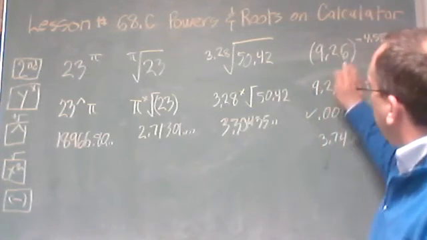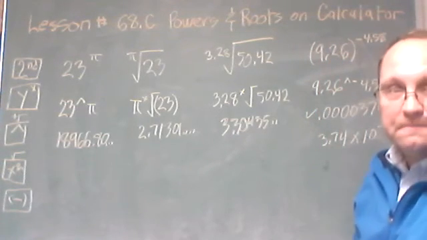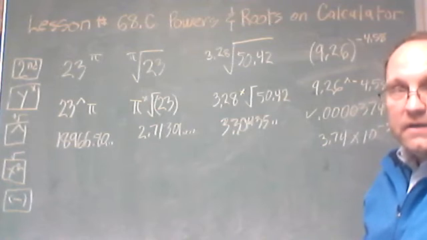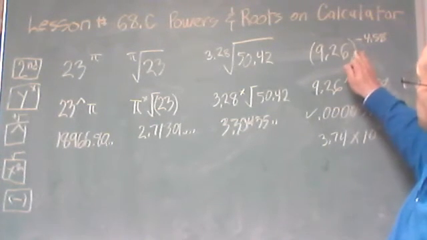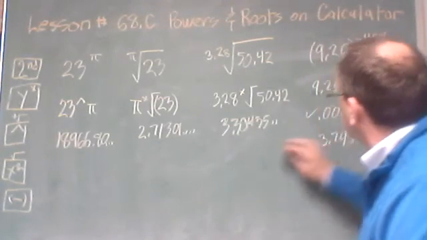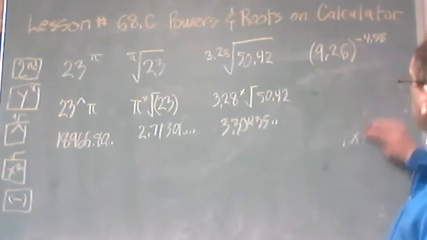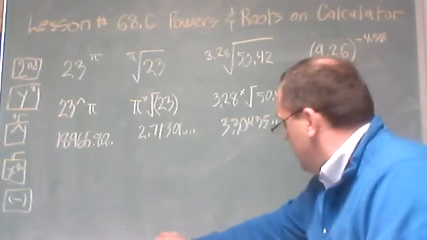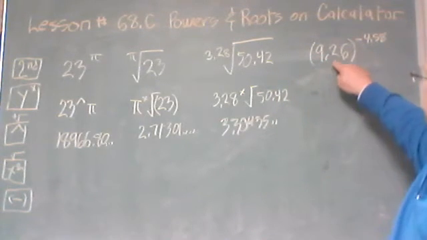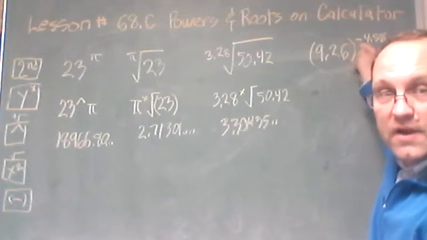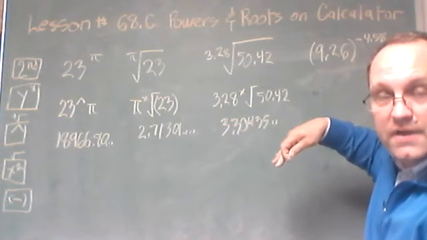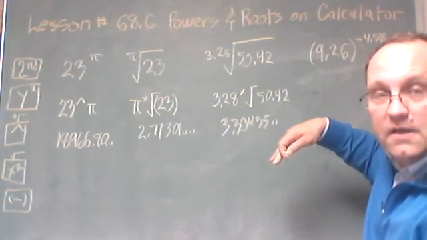Now, another way to do these problems, and this is a different variation that you can use on your calculator. Okay, we recognize any number raised to a negative power, that number can be switched to the denominator and change the sign of the power.